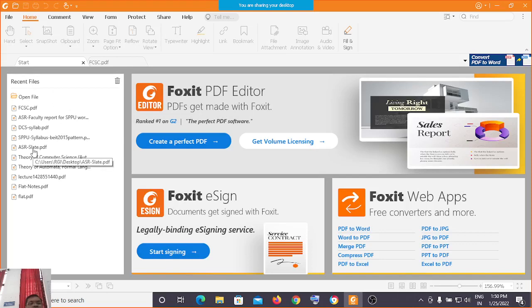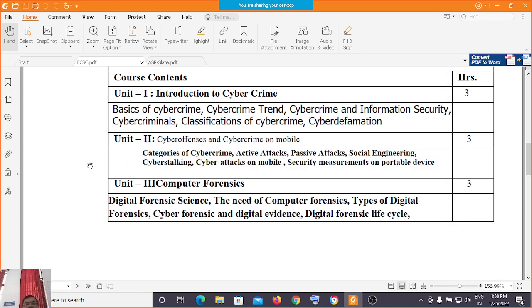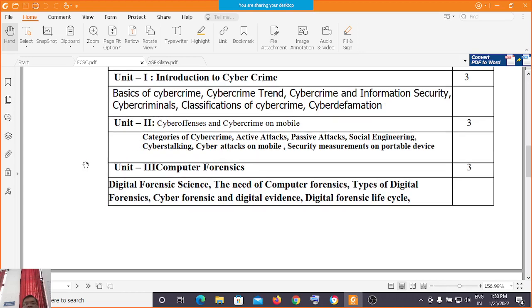Today we are going to see cyber forensics first, before unit number 3 actually: the digital forensic science, the need of computer forensics and other things. Then we are going to see unit number 2 later.